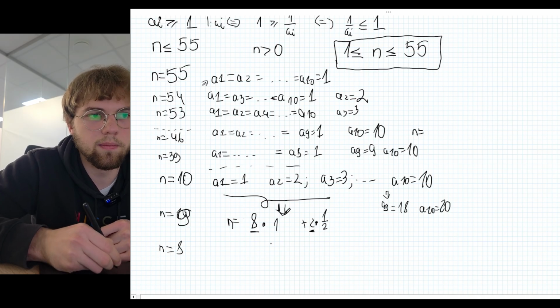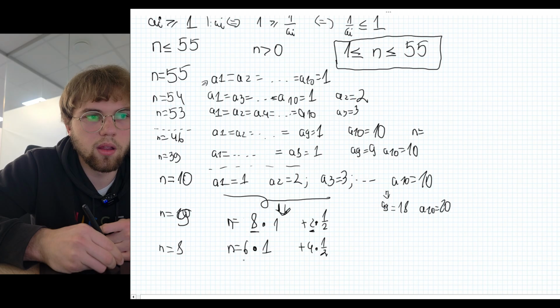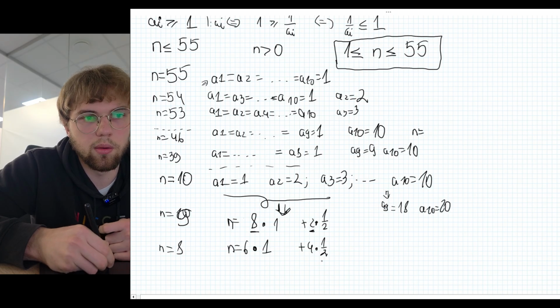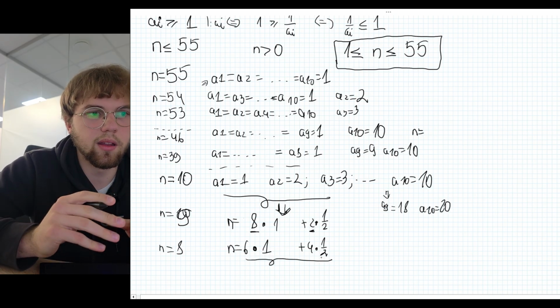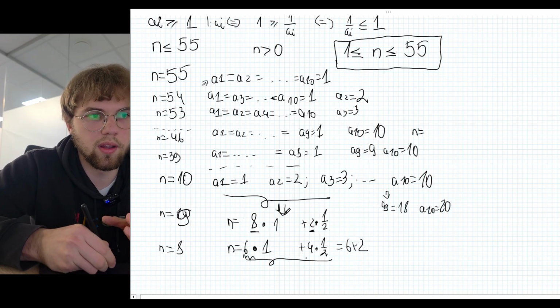N equals 8, you'll get by 6 ones and 4 halves, right? The total sum is 8, 6 plus 2 is 8, but we've used 10 numbers.